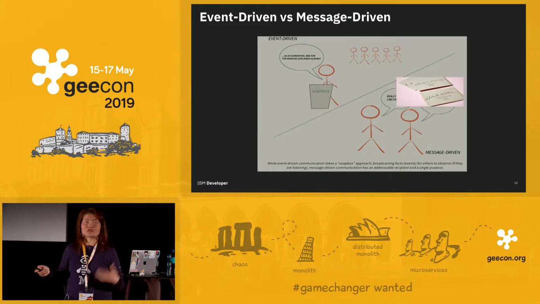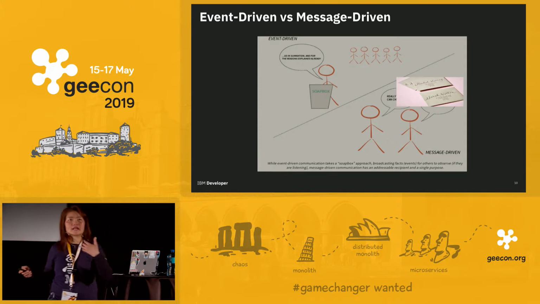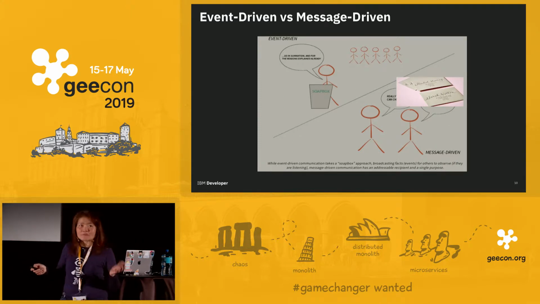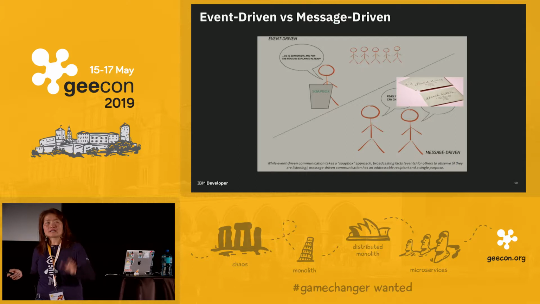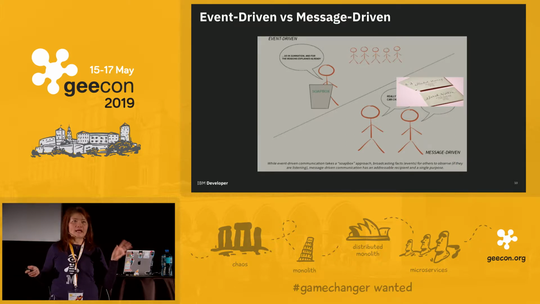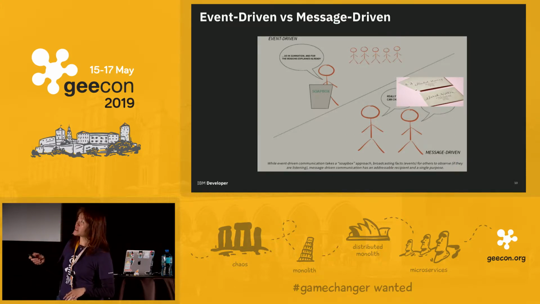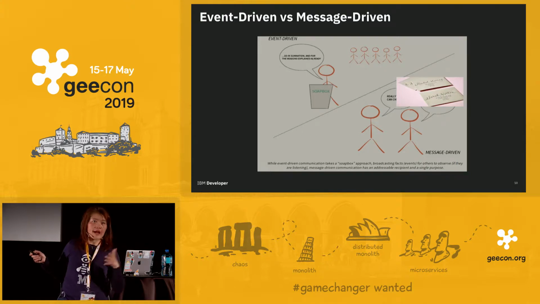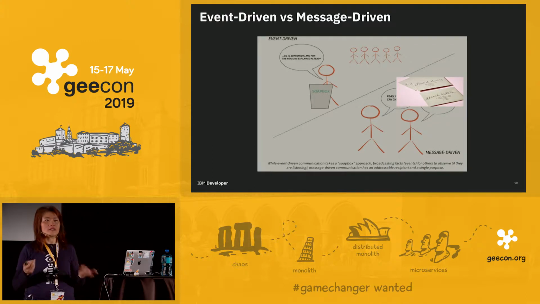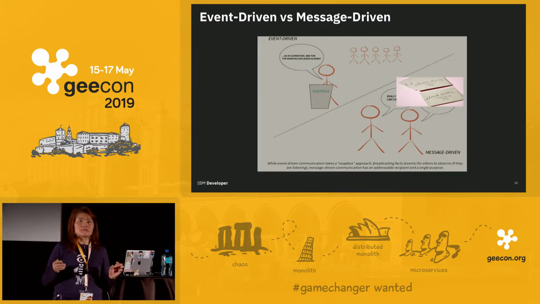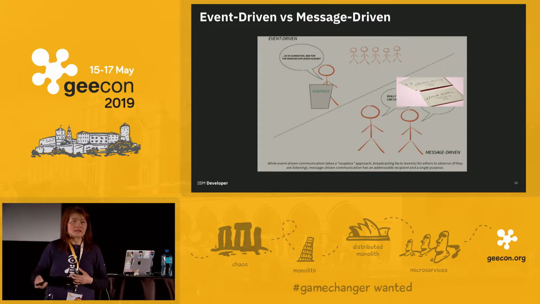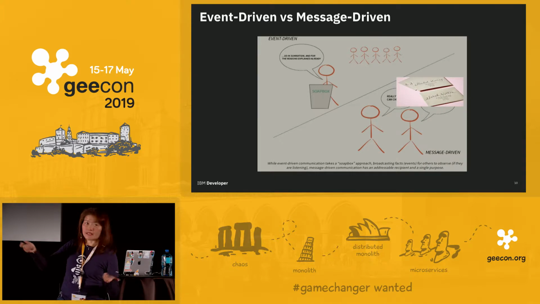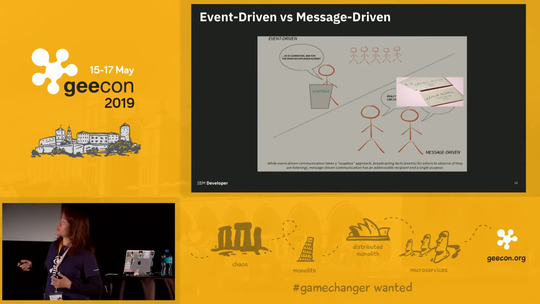The events are being emitted locally, but the message that comes out doesn't have an address telling it where to go. It's basically up to the observers. In reactive programming terms, we're talking about observables and observers. So it's up to the observers, those who are interested, to subscribe or listen and react to these events that are emitted by an event-driven system.